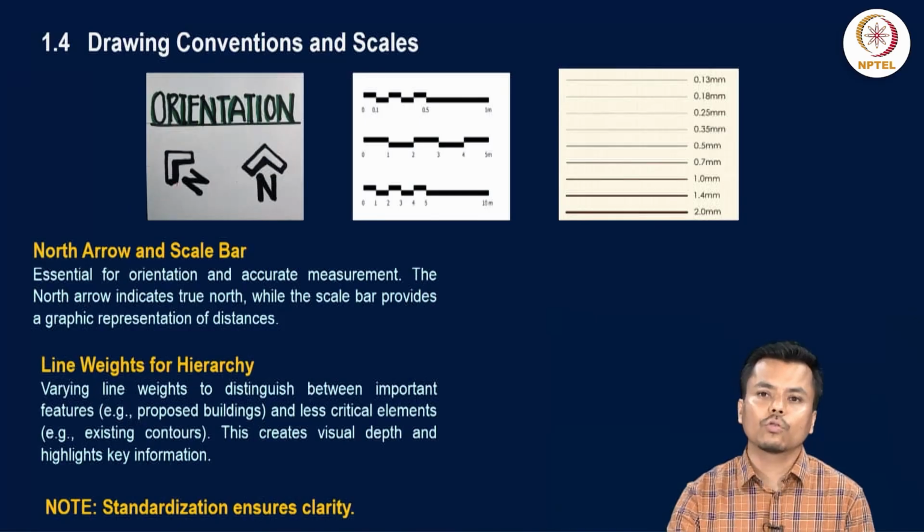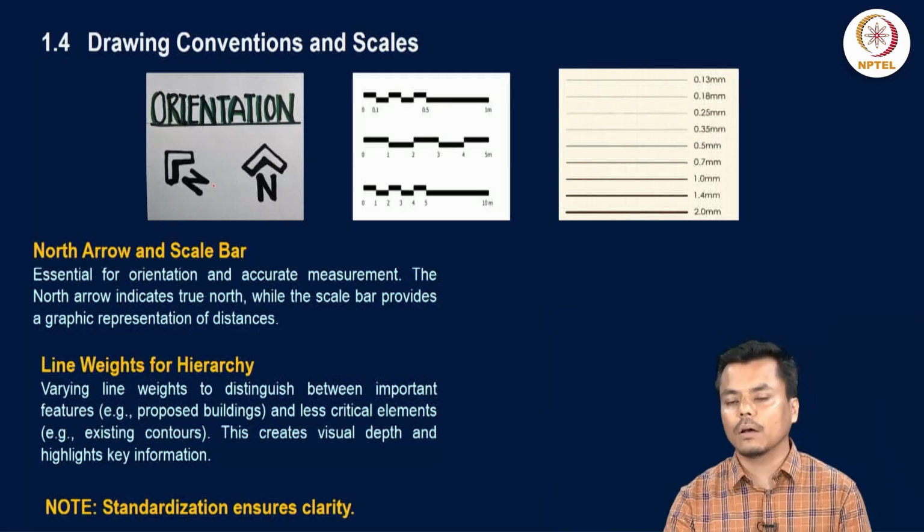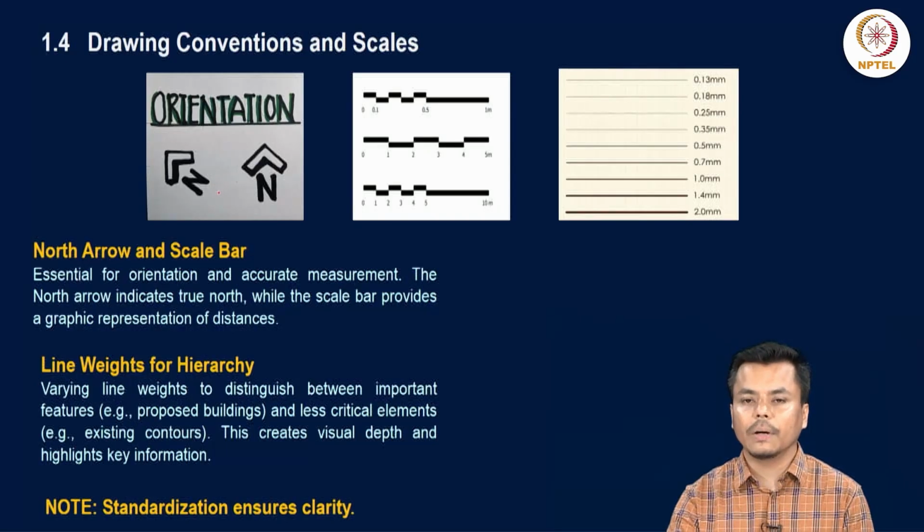Then you also show the orientation of the building, that is where the north direction is located in the particular site. That helps one understand the orientation of the building, and it also gives an accurate measurement of other details. The north arrow indicates the true north, while the scale bar provides a graphic representation of distances. These are two important things to be kept in mind.